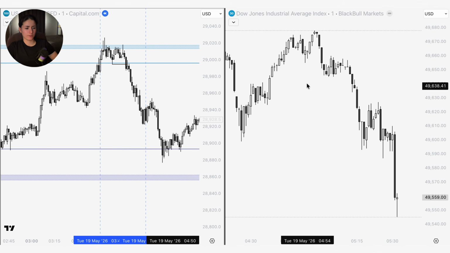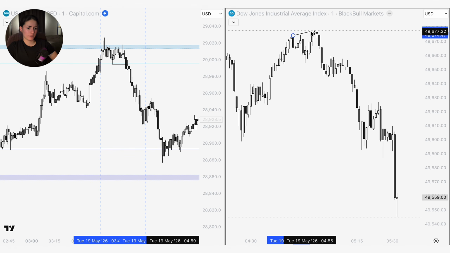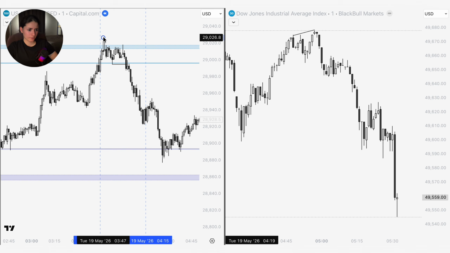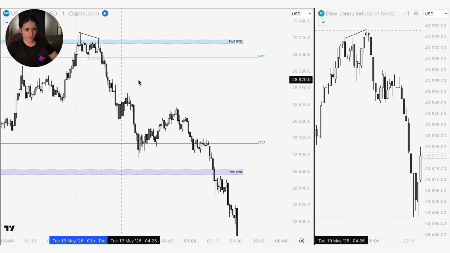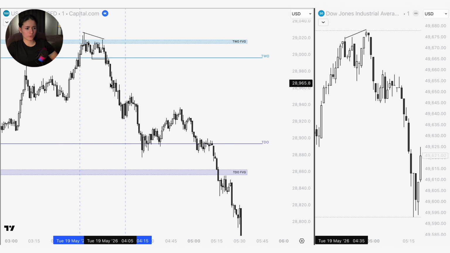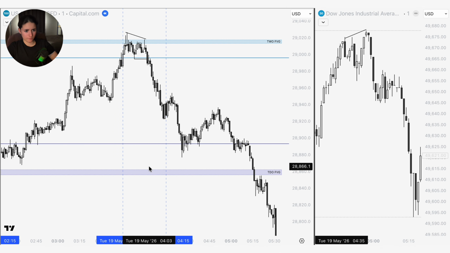If we check correlated assets, since NQ correlates well with the S&P and Dow Jones, we can see that Dow Jones is sweeping the high, but NQ is not. This is an amazing sign that gives us a clear edge to go short. As you can see, during the macro window, the structure shifted down, which was our perfect signal to open a short position.